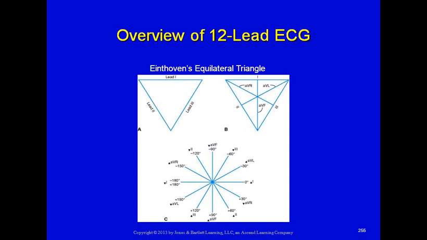Where lead 1 would be at 0, lead 2 would be at plus 60, and lead 3 would be at plus 120. So leads 1, 2, and AVF really represent the normal axis or normal flow of electricity as it travels from the SA node down towards the apex of the heart.